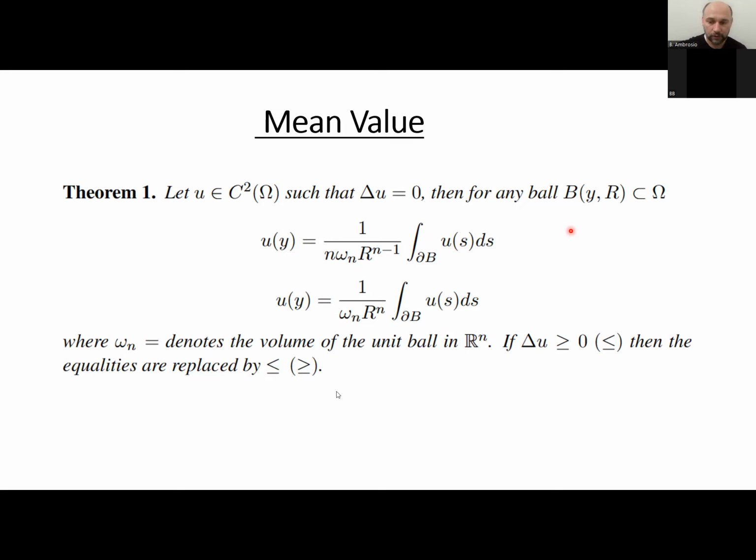So therefore, omega_M is open, closed, and non-empty. Since omega is connected, this is a topological result, we deduce that omega_M equals omega. So this means that u is constant all over omega.